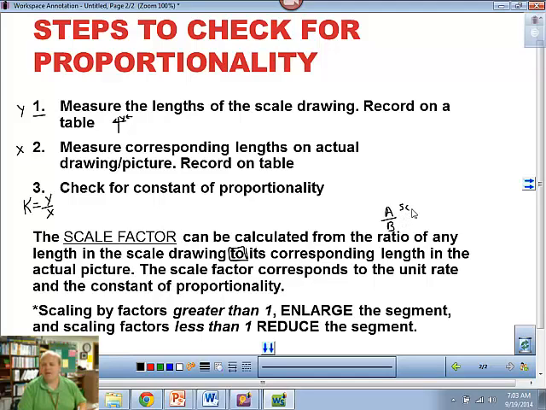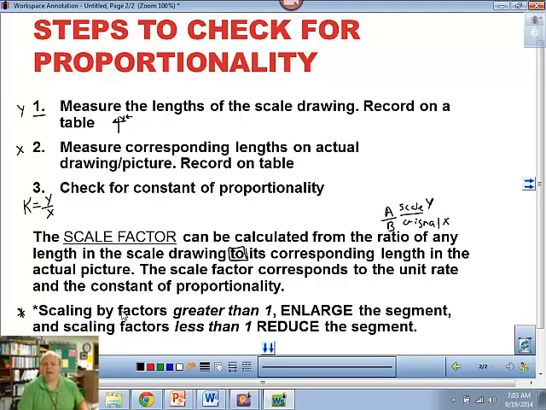So scale over original. We can see that in a number of ways because the scale is listed first, and its actual length is listed second, top, bottom. Also, Y over X. Okay? The scale factor corresponds to the unit rate and the constant of proportionality. This is really important to know when we're looking at scale factors.